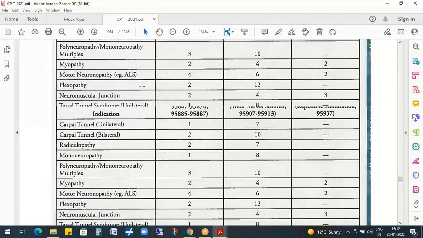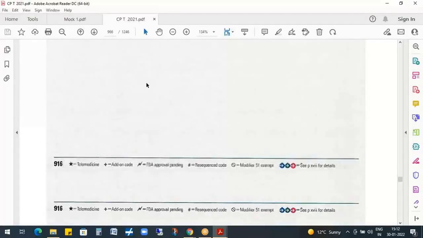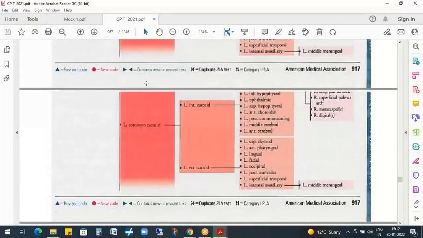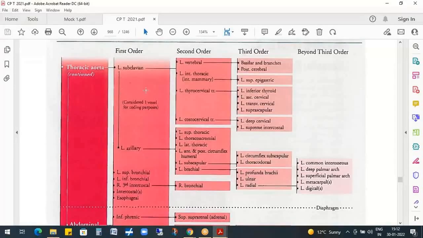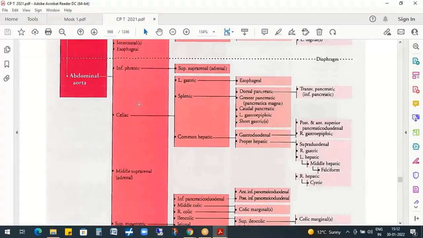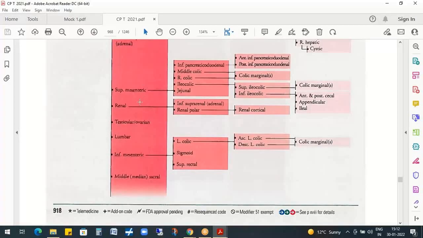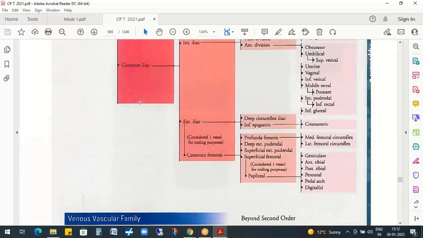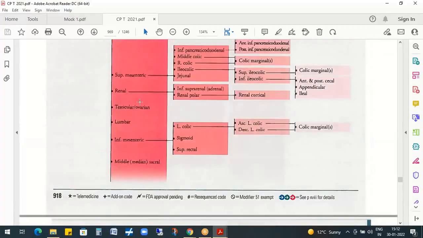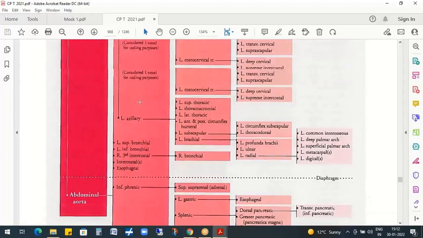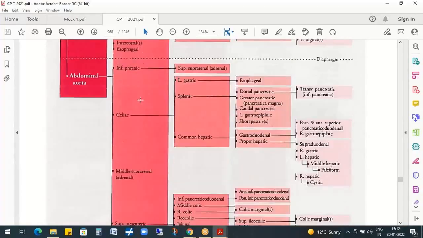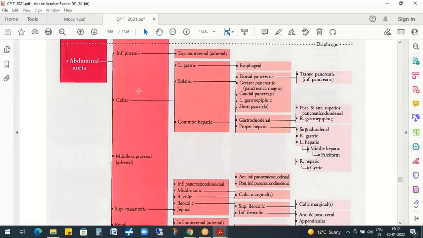You can see here. First point, they are placing in femoral, right? You can see thoracic aorta, abdominal aorta. Here you can see femoral, common iliac, femoral. Common femoral, that one. From here it is passed to common femoral.